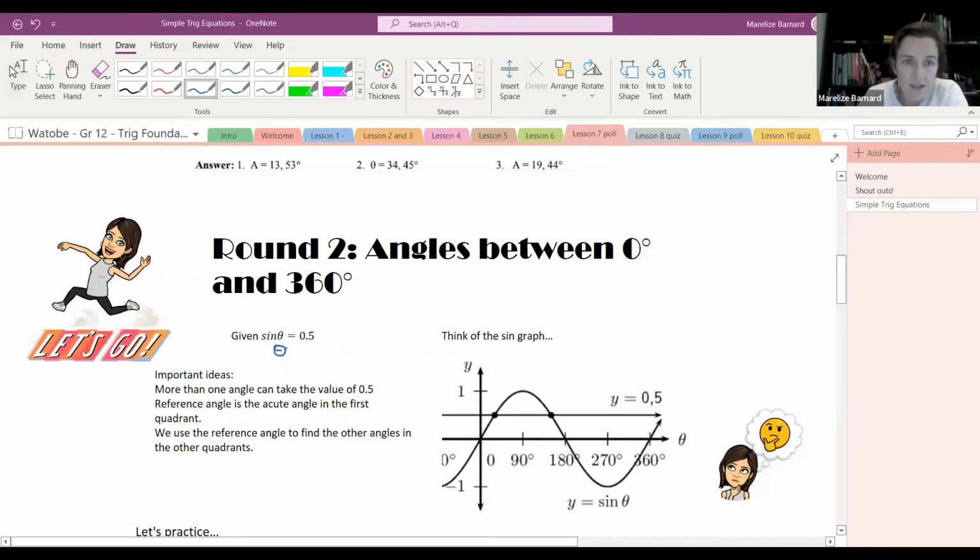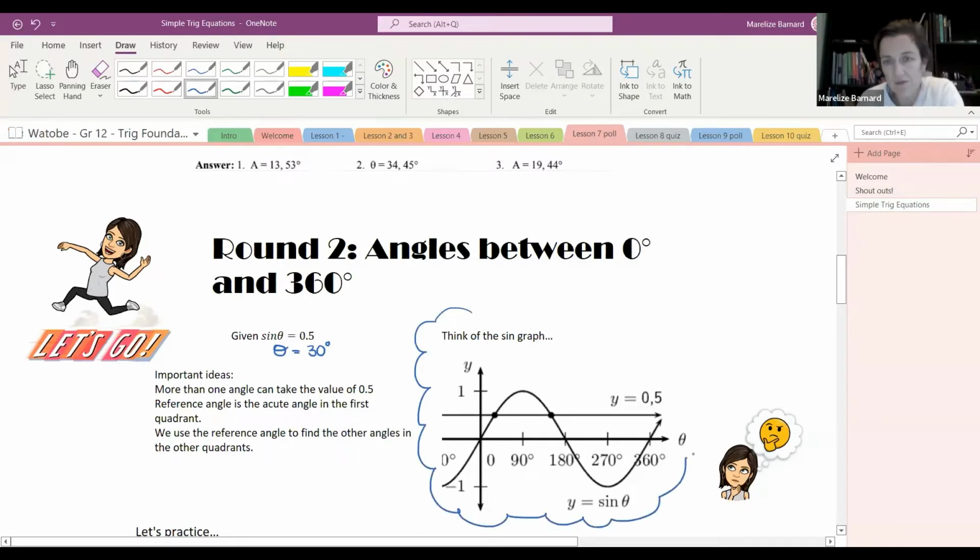So theta here is 30 degrees. Okay, so if I go to my sine graph over here, think about your sine graph, this one over here. And if you go to a half, which is on the y-axis, then that will be 30 degrees.